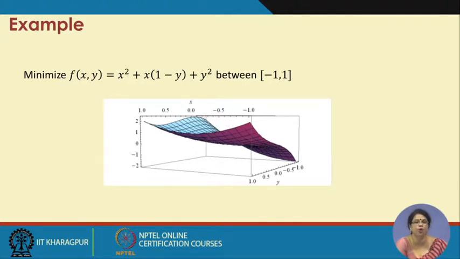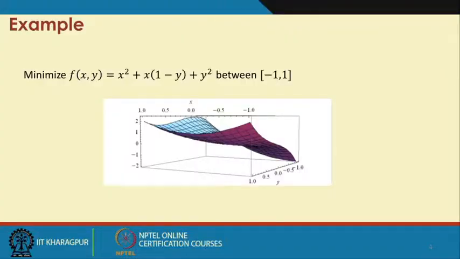We need to find a local minimum. If you are interested in finding the global minimum, then you have to repeat the process by starting from different points within the range. I should write that x is changing from -1 to 1, and y is changing from -1 to 1, because this is a whole square.